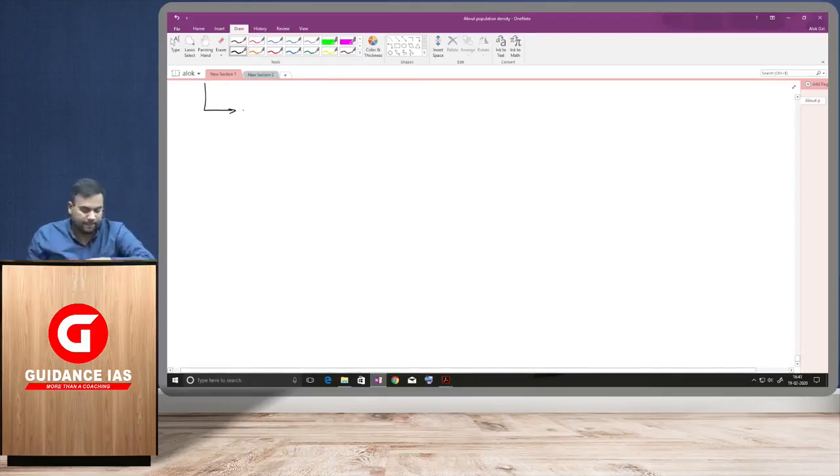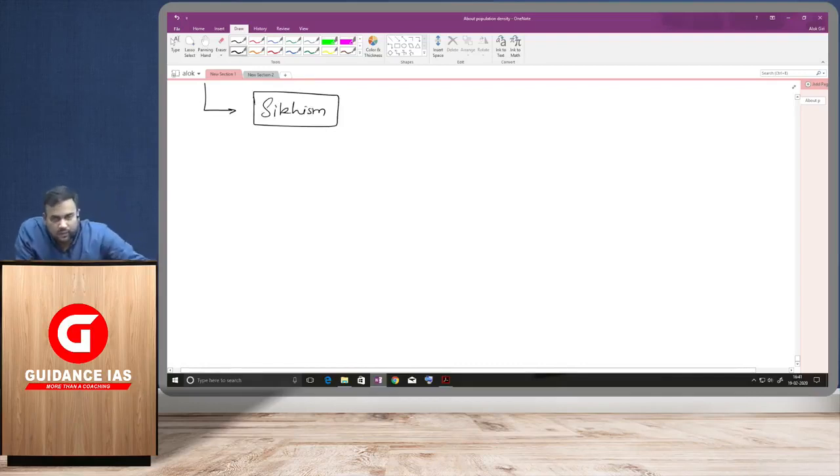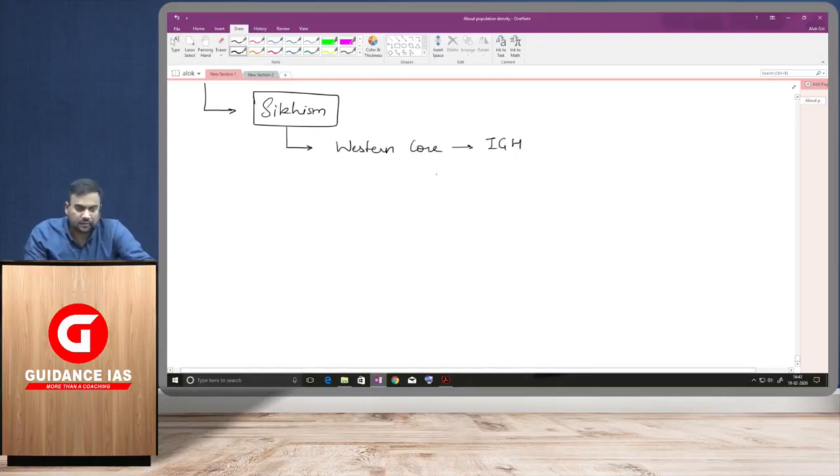Then finally, another important religion is Sikhism. And if you talk about Sikhism, a very important thing is that Sikhism originated from the western core of the Indo-Gangetic Plain.